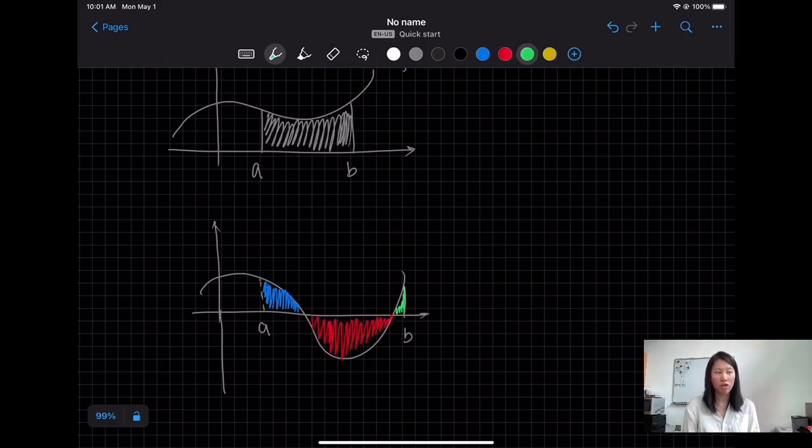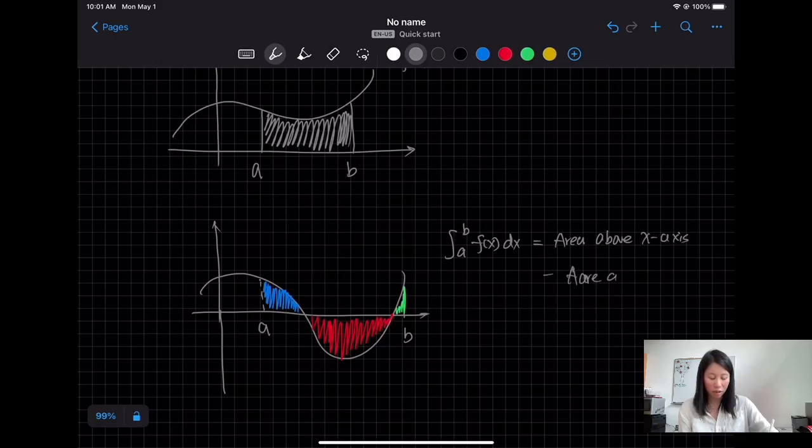So the signed area from A to B of f(x) equals the area above the x-axis minus the area below the x-axis.